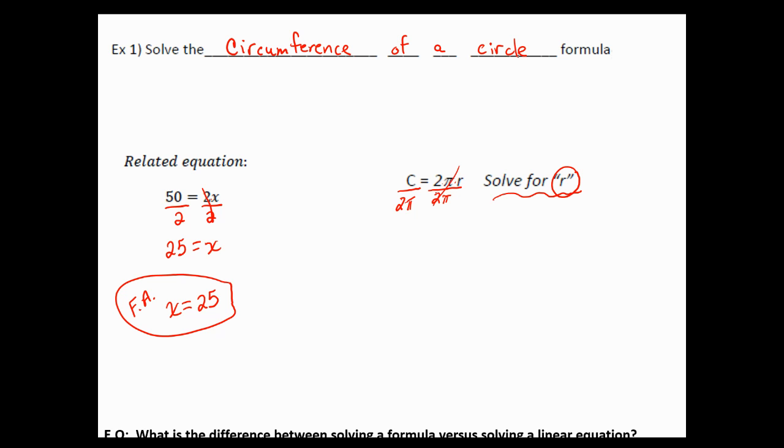So 2 pi's over 2 pi's cancels, r is equal to, and there's your final answer, the circumference of the circle divided by 2 pi. So state your final answer the proper way, nice and neat. There you go. So to undo the multiply, you just divide. And in this case, it's okay to divide by pi as well.